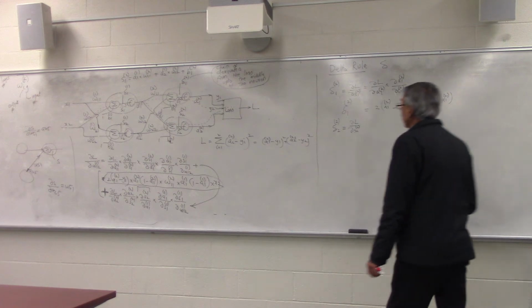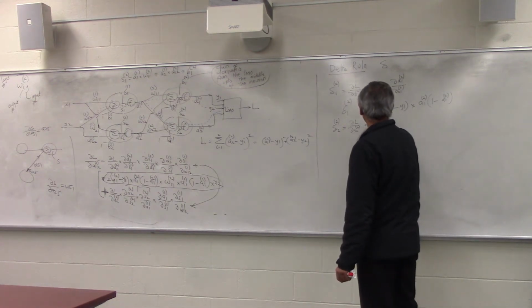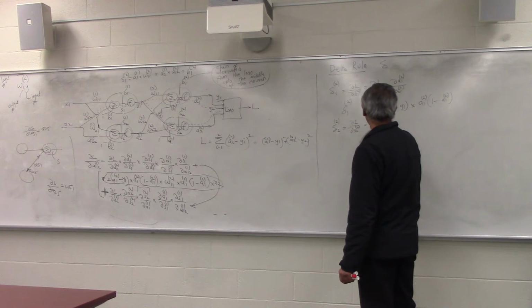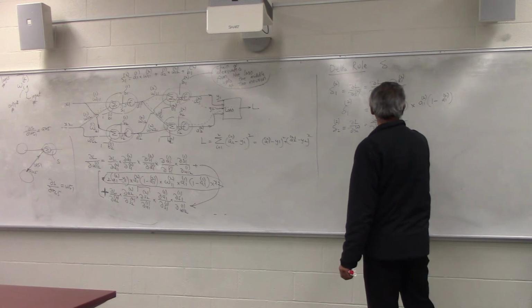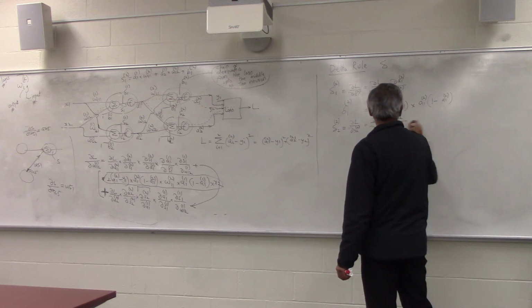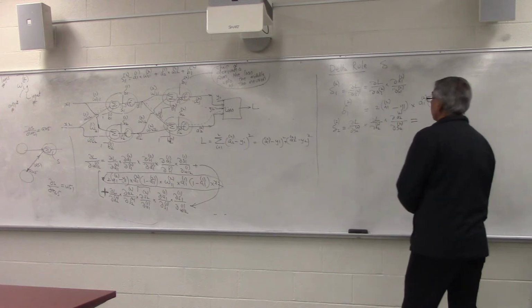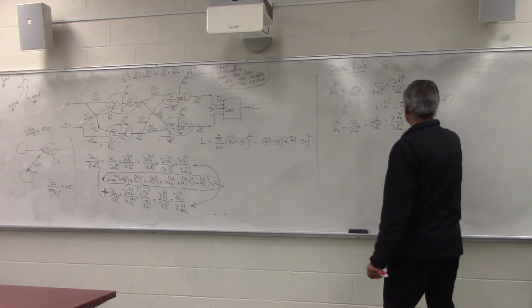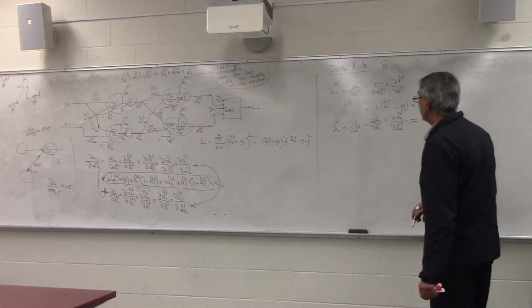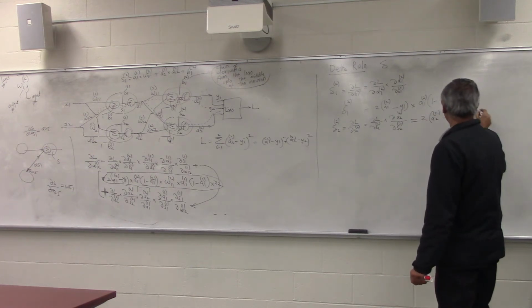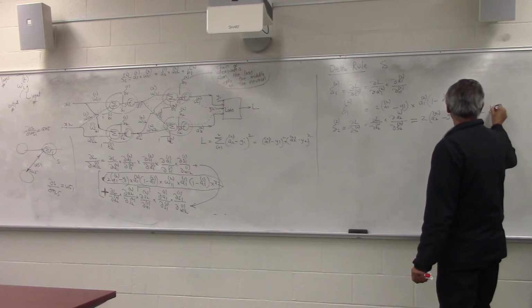What will this be equal to? Partial L over partial A2 of 2 times partial A2 of 2 divided by partial S2 of 2. What will this be equal to? 2 times (A2 of 2 minus Y2) times A2 of 2 times (1 minus A2 of 2). Everybody agrees?